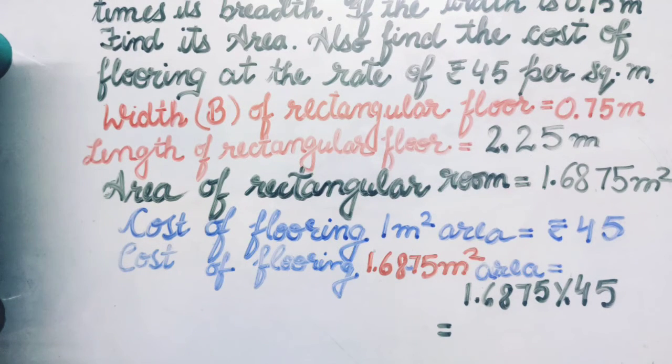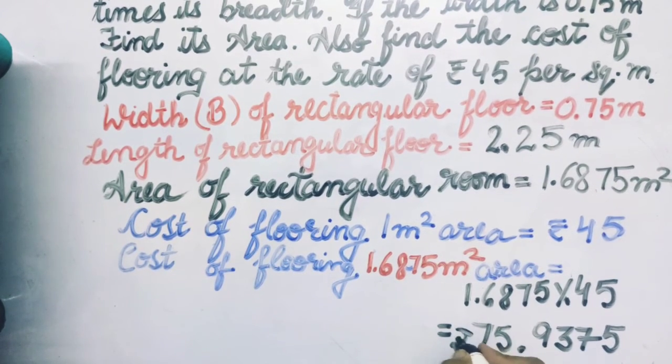When you multiply these two numbers, you will get the answer 75.9375 rupees.